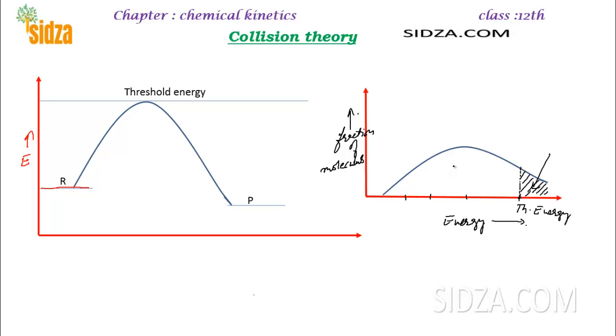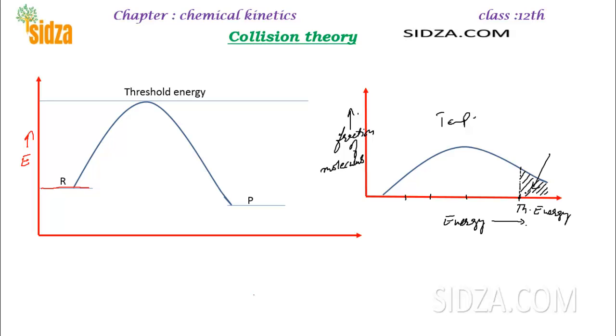So at any particular temperature, different molecules have different energies, and only the molecules possessing the threshold energy or more can form the product. Now, when you increase the temperature, more molecules possess this threshold energy and the rate of reaction becomes faster. The effect of temperature we will discuss in the next video, how the rate of reaction increases when you increase the temperature.